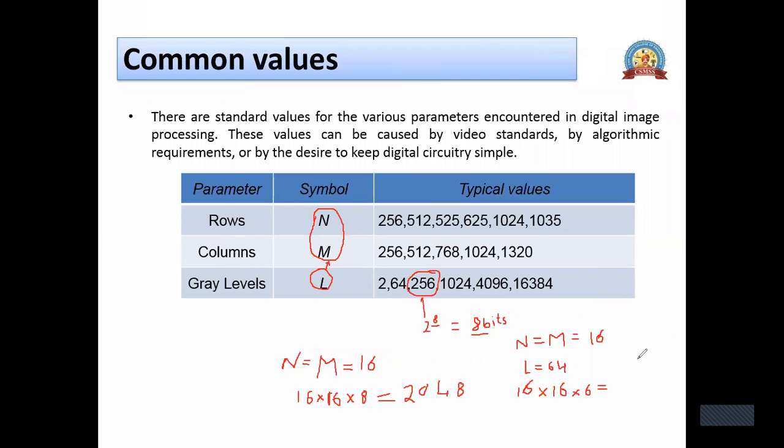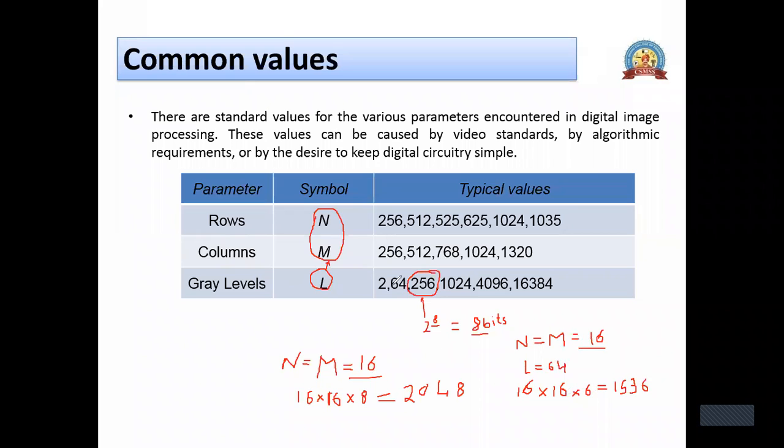Let me calculate it. So it will be around 256 multiplied by 6, so 1536. Okay. So we can see that even though we are keeping the image size the same, that is 16 by 16 in both the cases, by just changing the number of levels, we can decrease the size of the image.